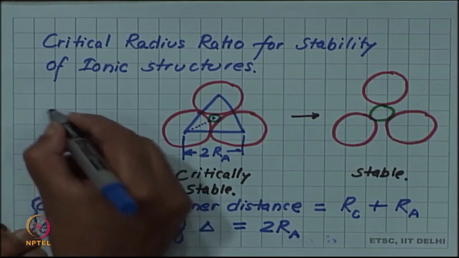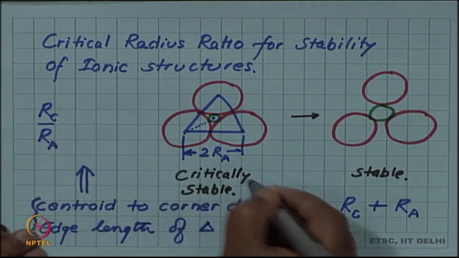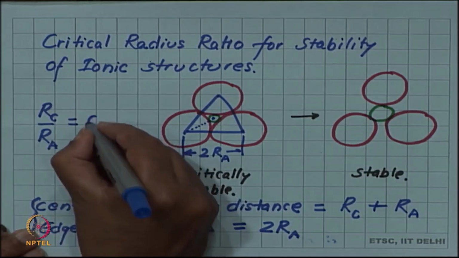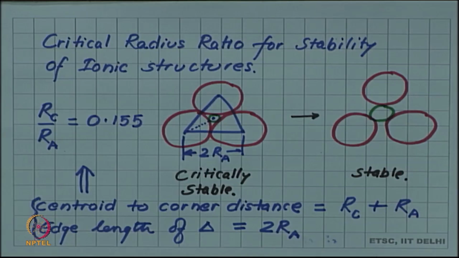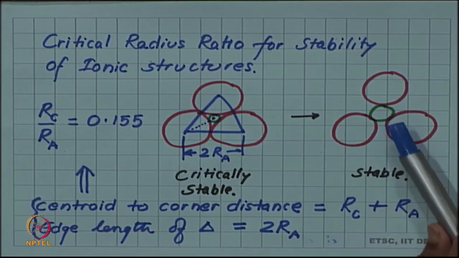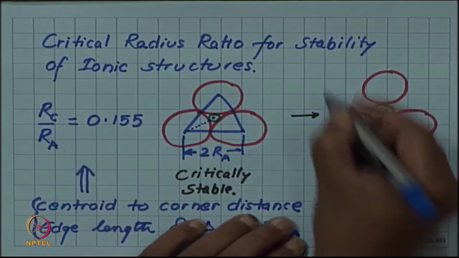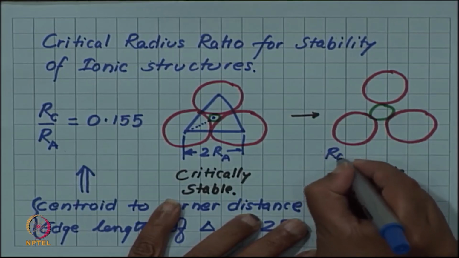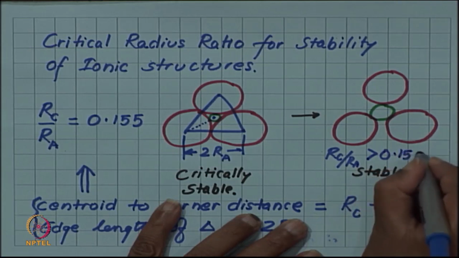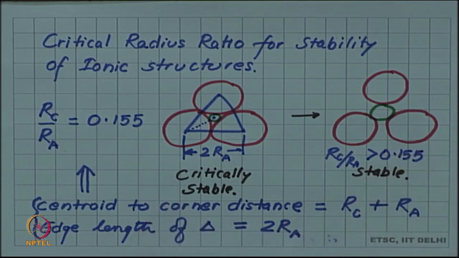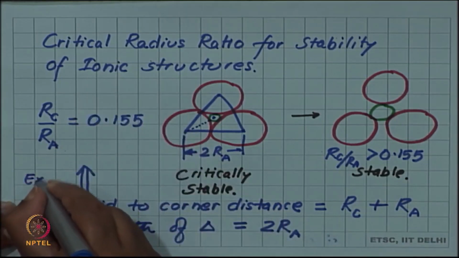If you do that, you will find that R C by R A for this critically stable structure comes out to be 0.155, which means for a stable structure we will need R C by R A to be greater than 0.155. Please do this as an exercise, a simple geometrical exercise.